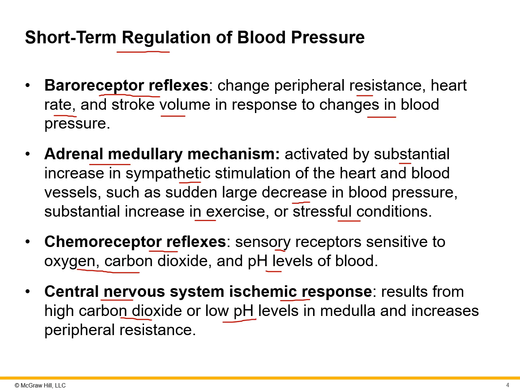So if we have too much carbon dioxide, so if we're like holding our breath, we have too much carbon dioxide building up, not enough oxygen coming in, but that increased carbon dioxide then causes our pH to lower because it creates carbonic acid. So those will be detected by this ischemic response, and that would then increase peripheral resistance.